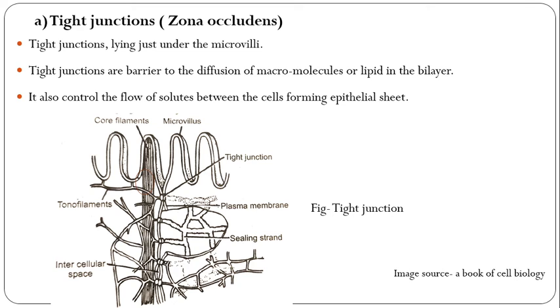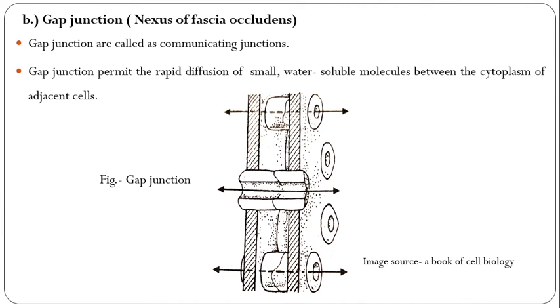Then next is the gap junction. Gap junctions are called communicating junctions. It's a nexus or fascia occludens. These are communicating junctions located at specialized regions of contact between opposed plasma membranes of adjacent cells.